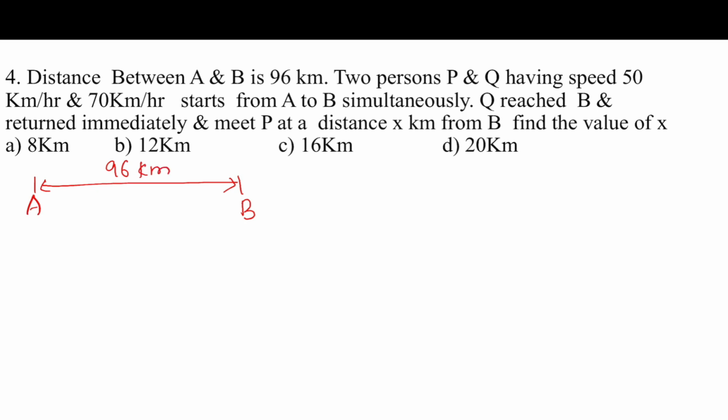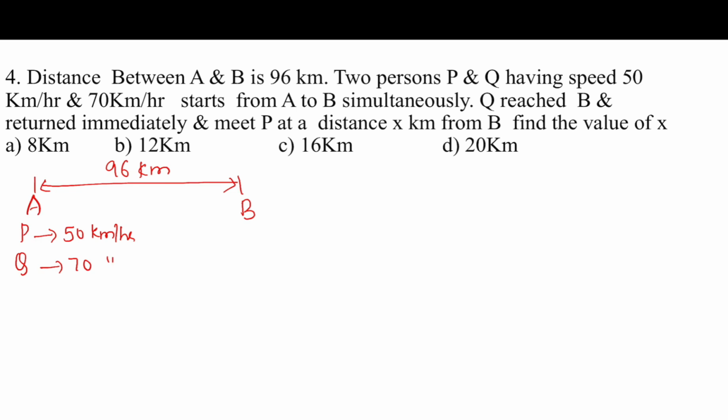Two persons P and Q, having speeds 50 km per hour and 70 km per hour, start from A to B simultaneously. Okay, there are two people P and Q. P's speed is 50 km per hour and Q's speed is 70 km per hour. They simultaneously start from A.